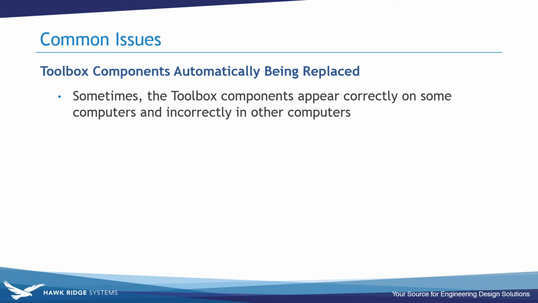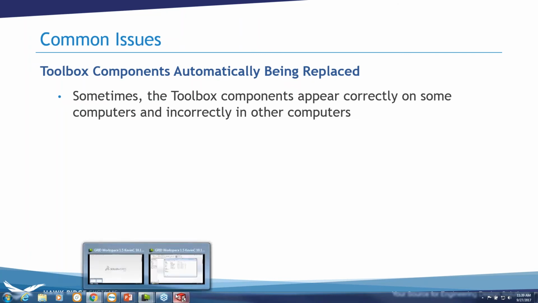The reason is likely that the toolboxes being used on both machines are different, and there's a SOLIDWORKS option where it automatically looks to the local toolbox and replaces any components in there.